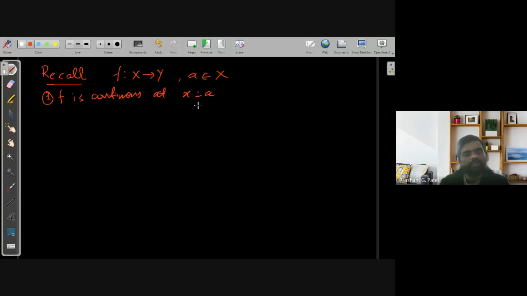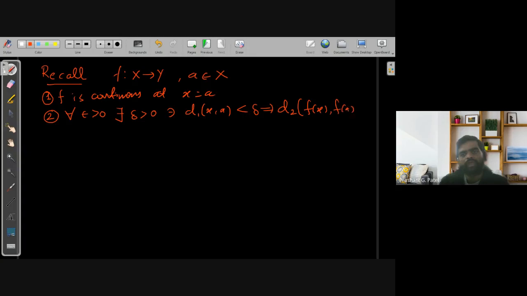So the first statement says that f is continuous. The second statement says that for every epsilon greater than 0, there exists a delta greater than 0 such that d1 of x comma a less than delta implies d2 of f of x comma f of a less than epsilon.